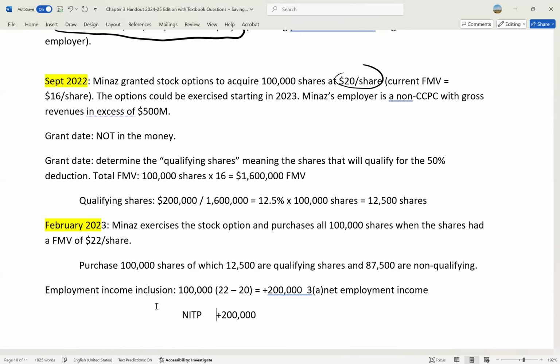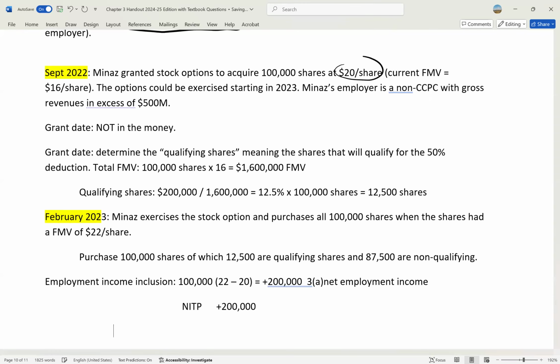And then the question is, how much will he get for the 50% stock option deduction? And this again is where we look at the number of qualifying shares. He only has 12,500 qualifying shares, and so the 50% will just be based on the 12,500.